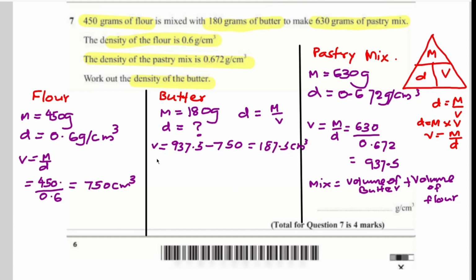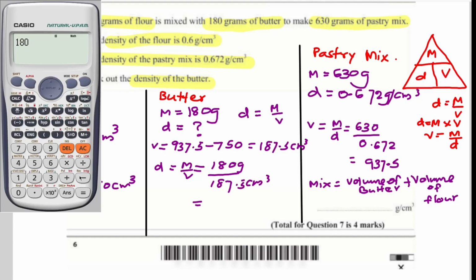Now we have the volume, now we have the mass, then we can get density. So density equals mass over volume. Mass is 180 grams. Volume is 187.5 cubic centimeters. Let's use the calculator.